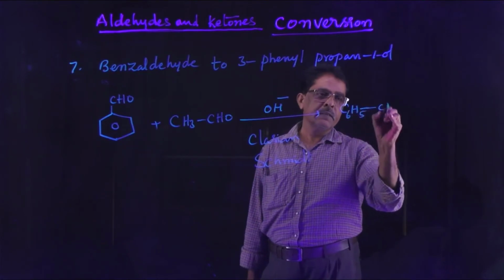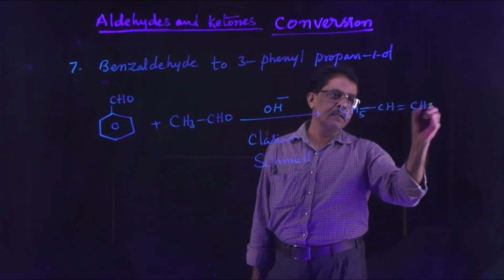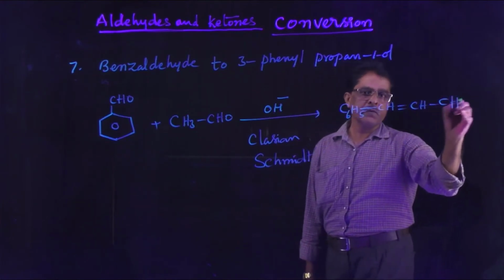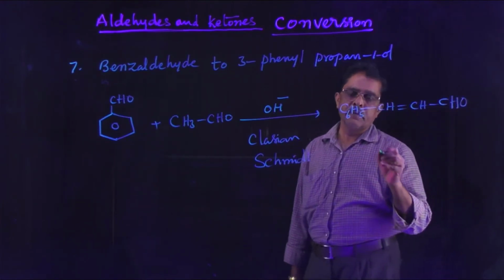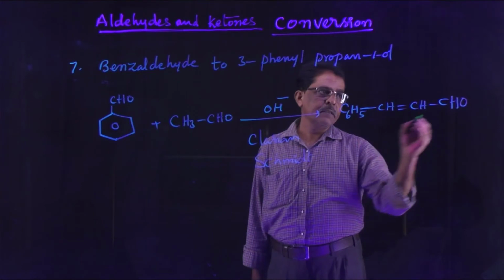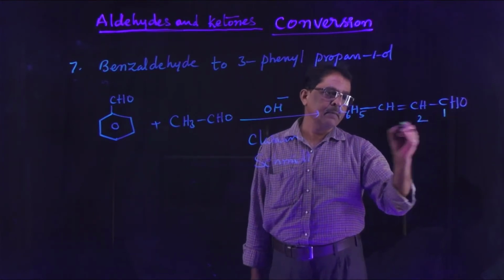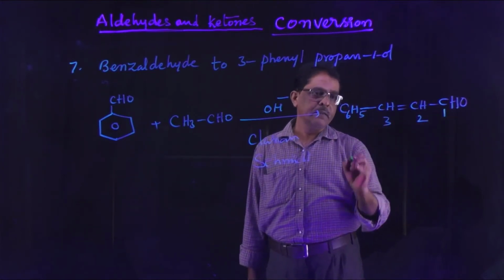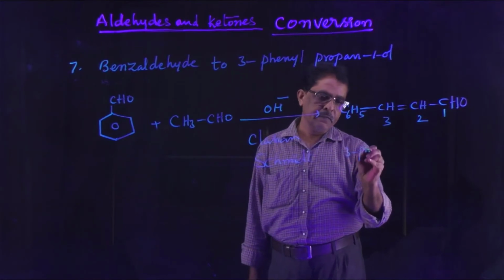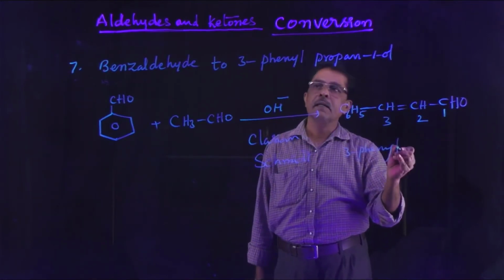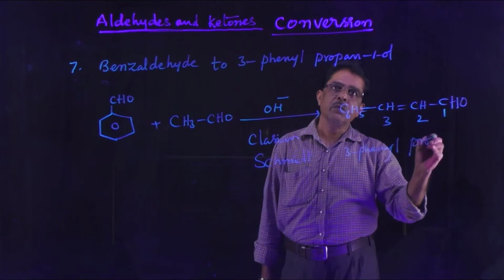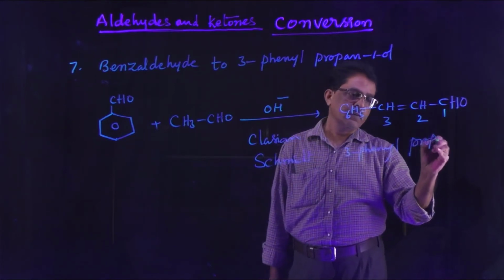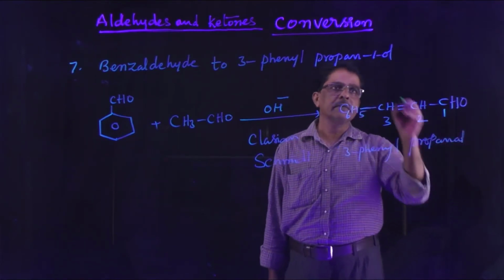C6H5CH=CH-CHO. Okay, I want to write the numbering 1, 2, 3, 3-phenyl propanol.